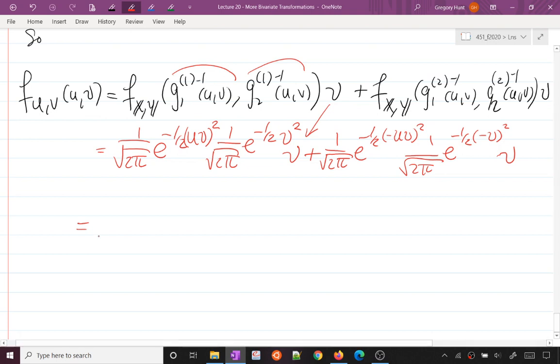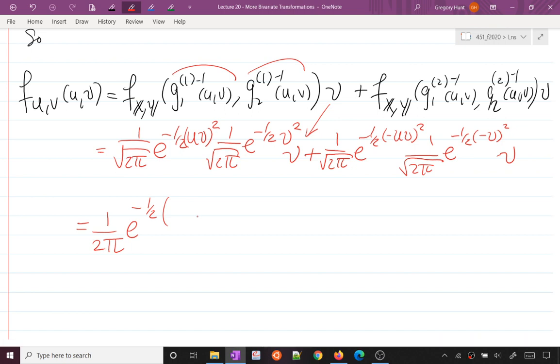Certainly we can combine the root 2 pi's to just 1 over 2 pi. And then we get e to the negative 1/2. And we can sum up all the exponents, right?